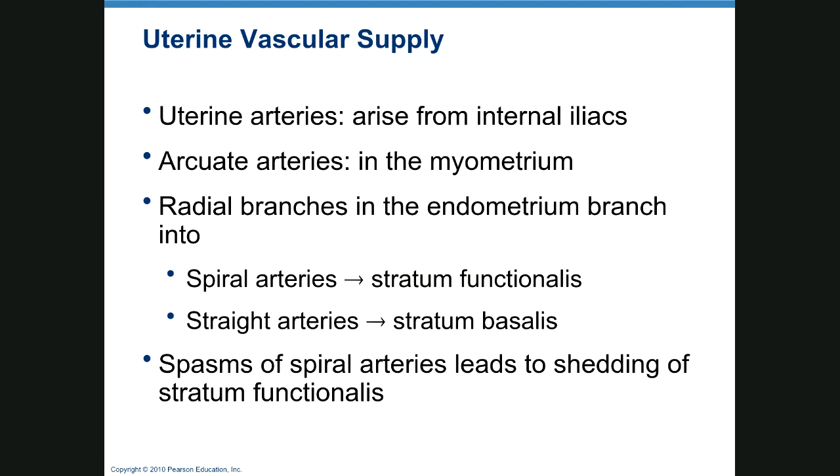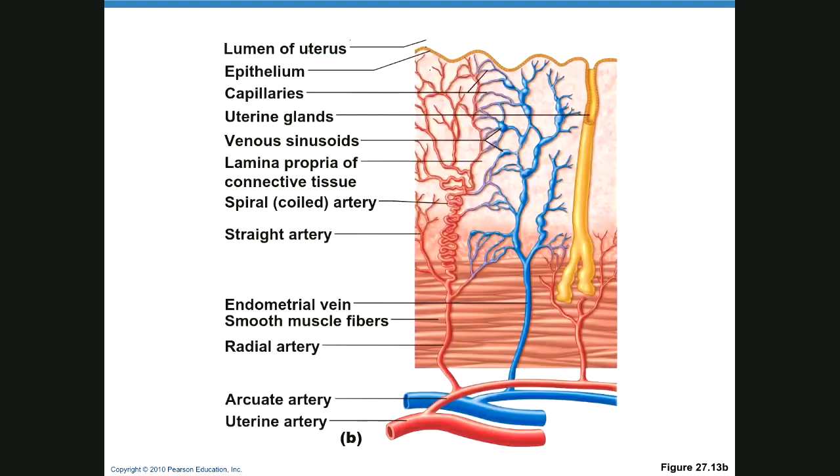Okay, the uterine supply, we have uterine arteries from the internal iliacs and the arcuate arteries in the muscle, myometrium, radial branches, and then we have spiral and straight arteries. Spiral go into the functionalis, straight into the basalis. And I want to show you a picture here. Okay, here we have our radial artery, our little straight arteries.